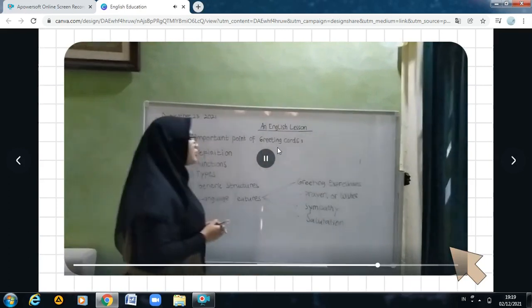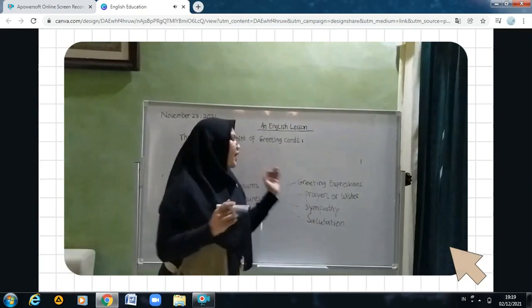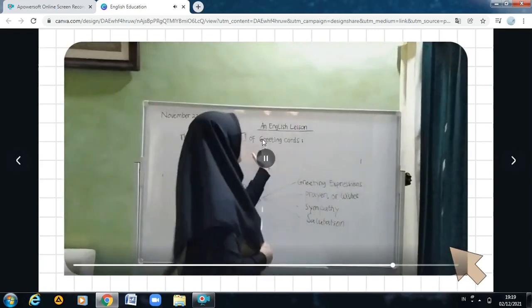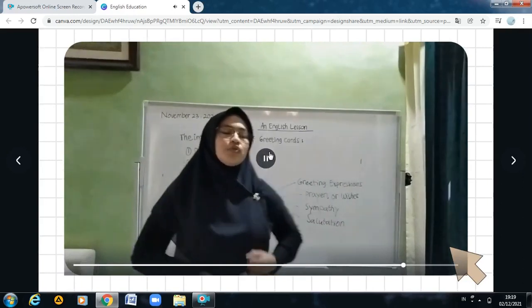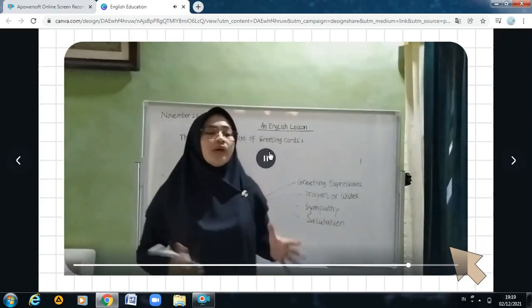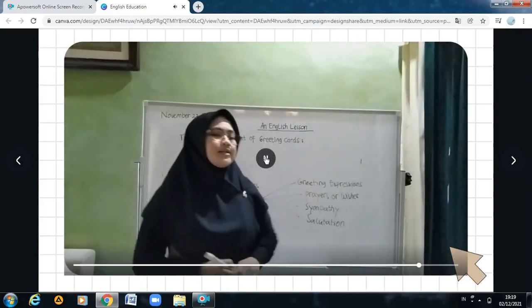Okay, for salutation, it is how we greet someone in a greeting card, like regards, love, hug and kiss, and last, your best friend Hasna or your friend, etc. Okay.